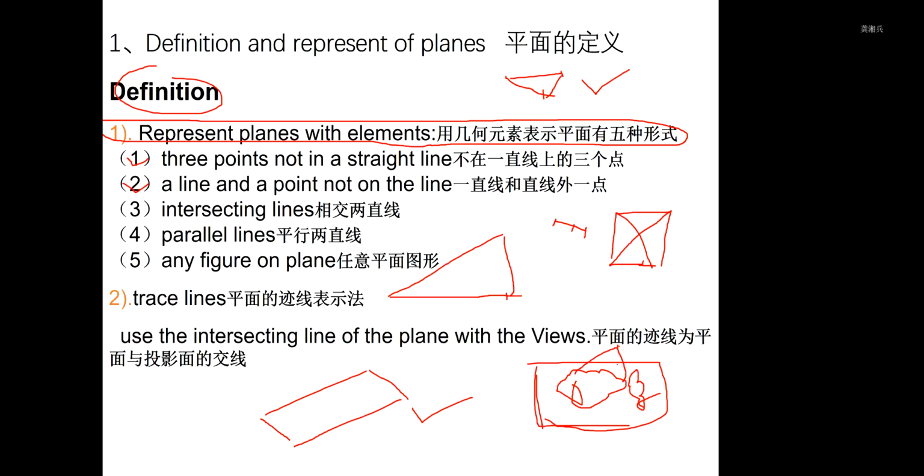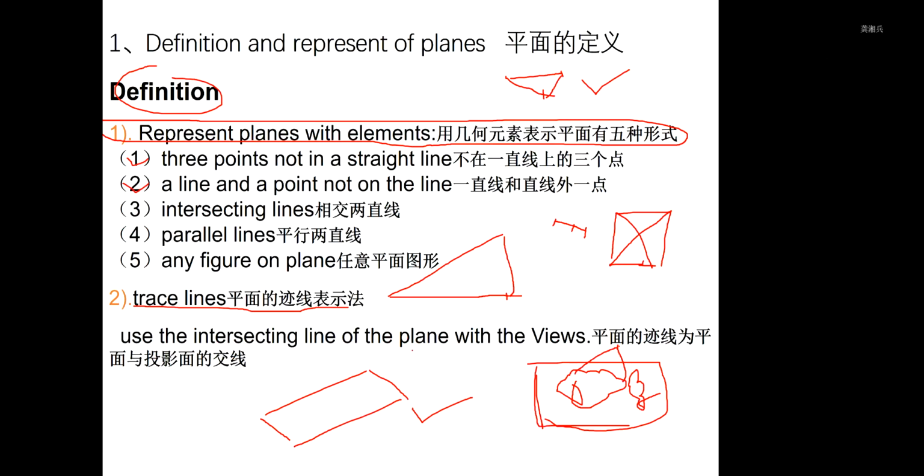Two-dimensional shape. The last is using the intersecting line of the plane with the views. Sometimes we use a tracing line. This one is a little bit difficult. Sometimes we do not use it as a common one, but in this class, we will show you. Using the intersecting line of the plane with the views means we are talking about the plane, which has no limit.